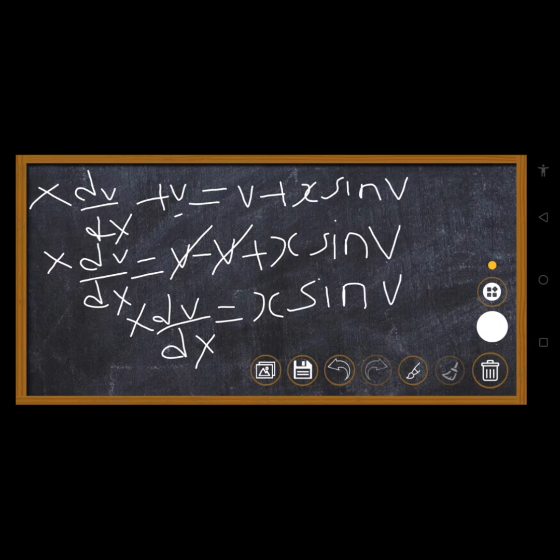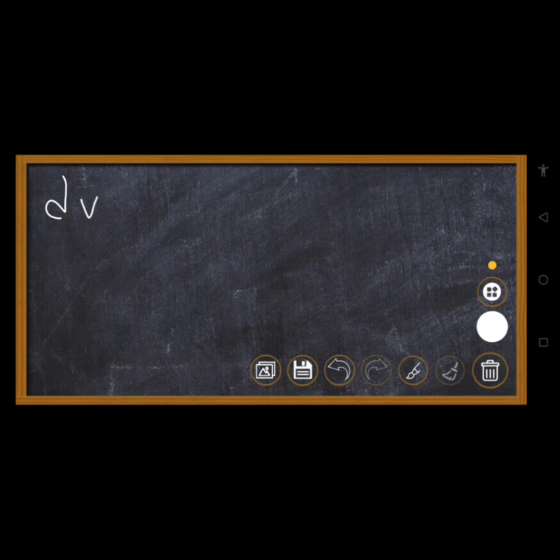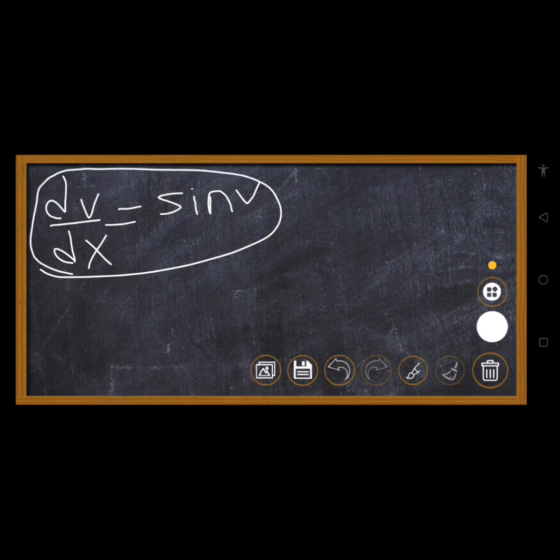So on that part where I said after you are done with this part, you factorize x. In this case, x is just cancelled, because when we divide by x here and here, this and that cancels. So here we just remain with dv over dx equals to sine of v.